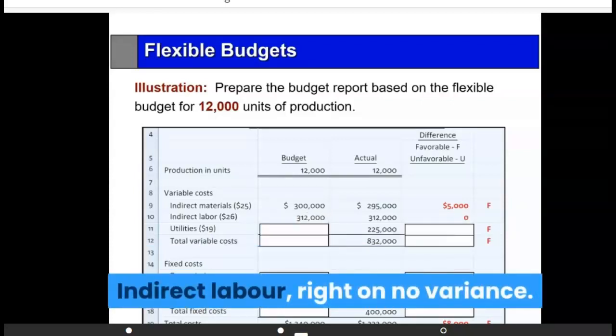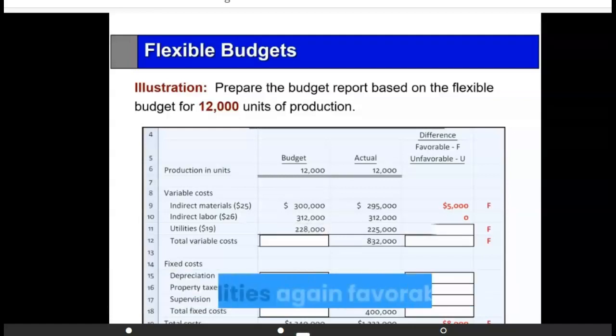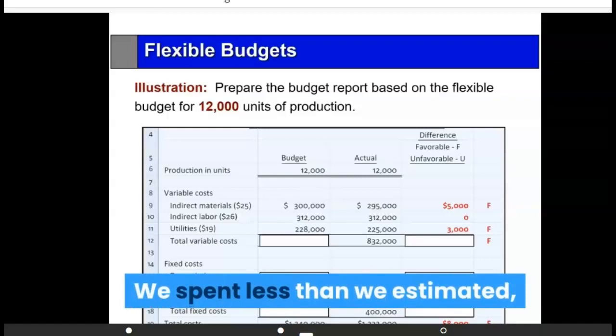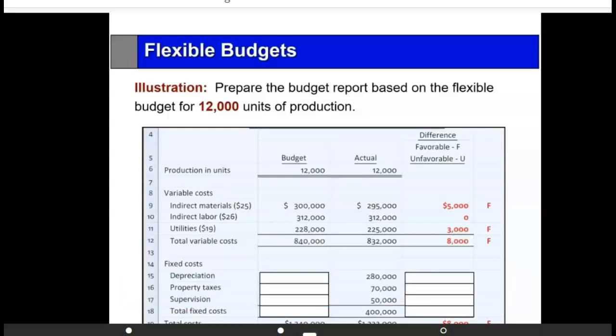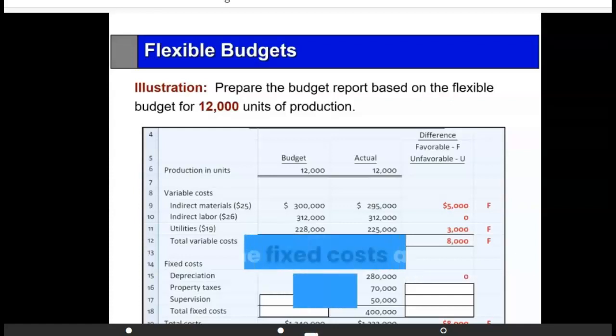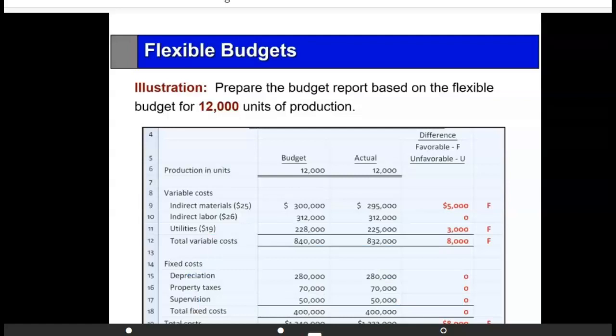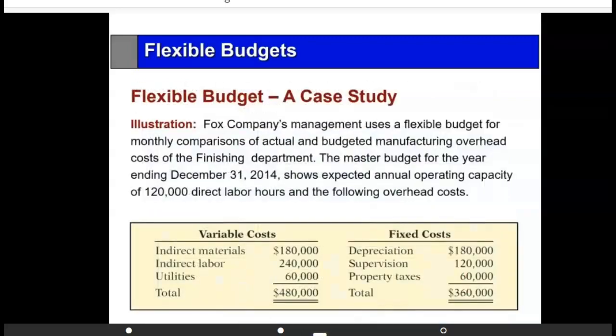Indirect labor, right on, no variance. Utilities, again, favorable. We spent less than we estimated, and therefore we have an 8,000 favorable variance. The fixed costs are exactly as we thought. So you can see this manager actually did a pretty good job in managing the costs.